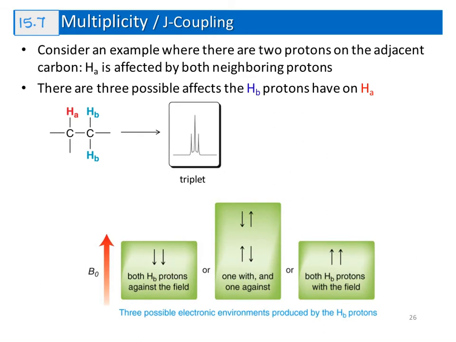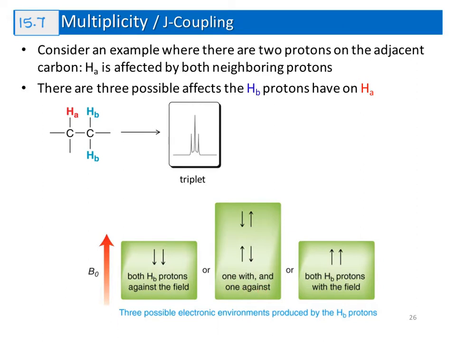Before we talk about the rule, let's look at an example where there are two protons with the same chemical environment next to HA. We want to know what the multiplicity of HA would be when it has two identical protons on a neighboring carbon. Again, both HB protons can be against the field, or both can be with the field, or one of them can be with the field and the other against the field.